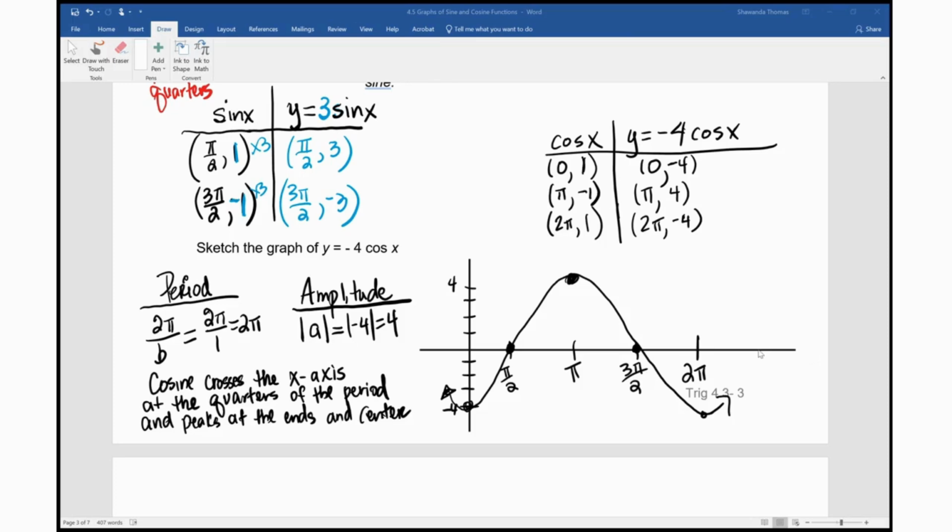All right, the ones that are not, because we know if it crosses the x-axis, those points are at zero. So all the other ones we want to verify. Basically it's the y's and the points.